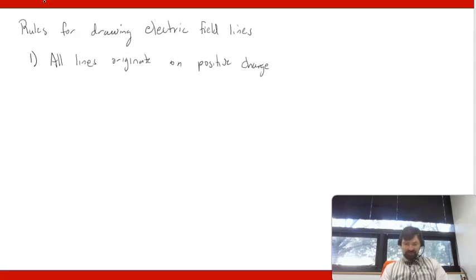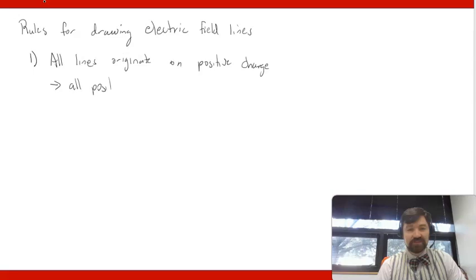If you do not have a positive charge, then you don't have an origin point for your field lines, and so if there are field lines present, then they have to originate from infinitely far away. The corollary to this, by the way, is that all positive charges or represented positive charges are origins of field lines.